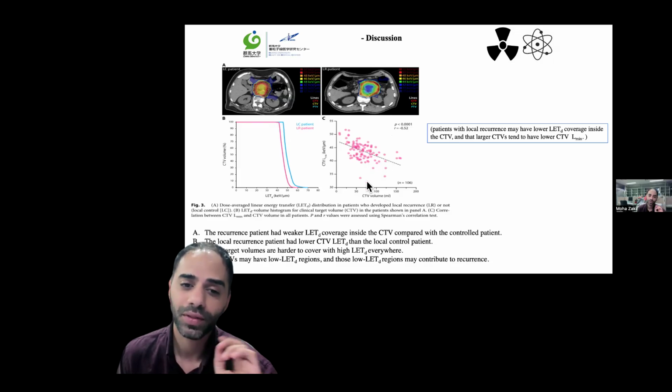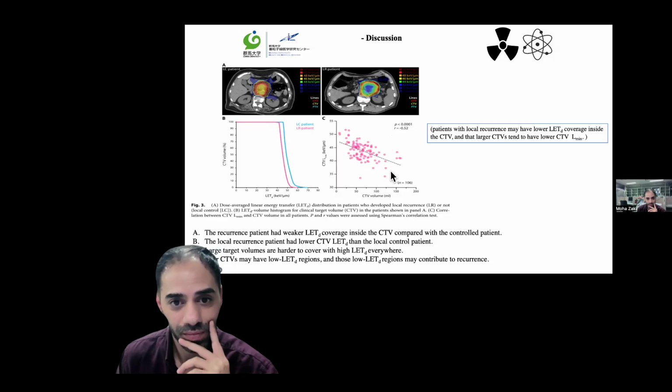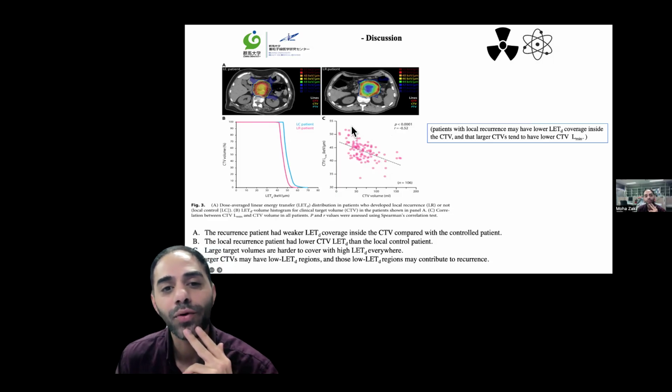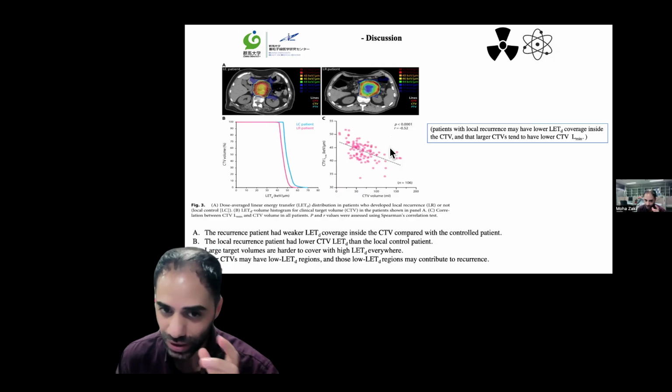In another word, the larger the volume, the more we lose higher LET, the more we find lower dose average LET.